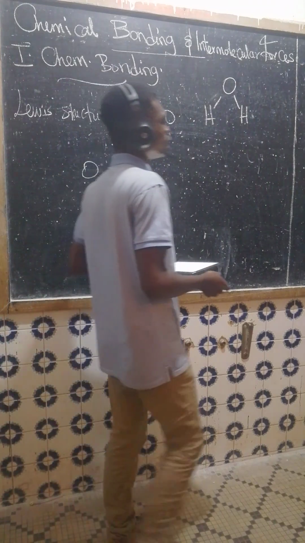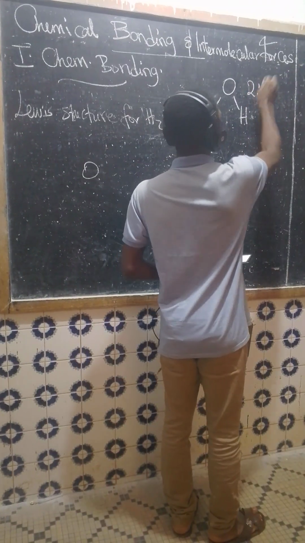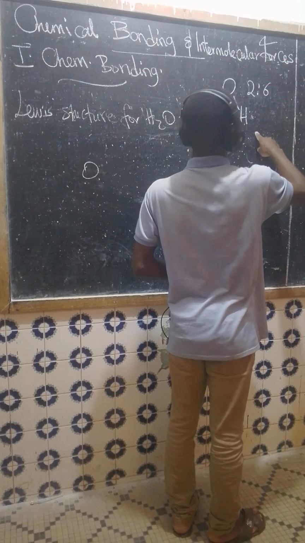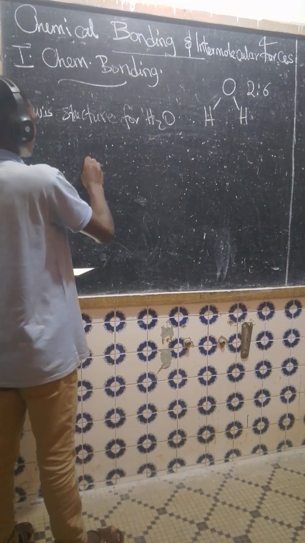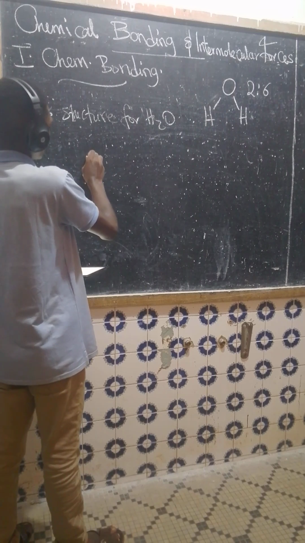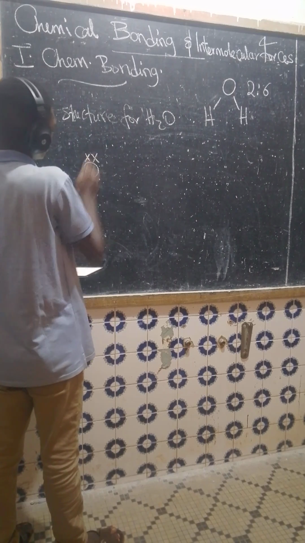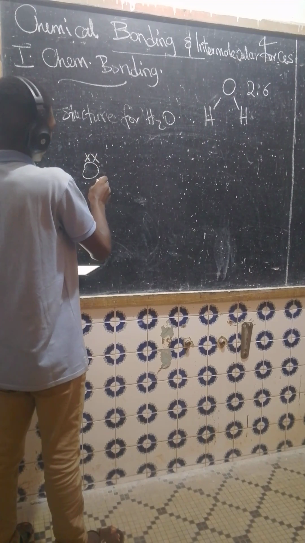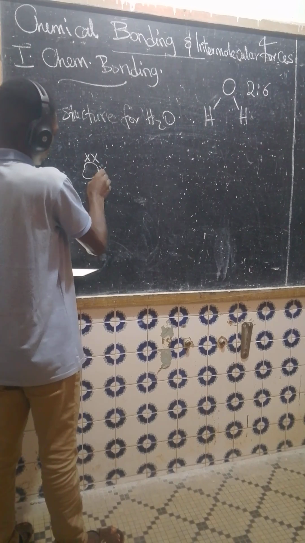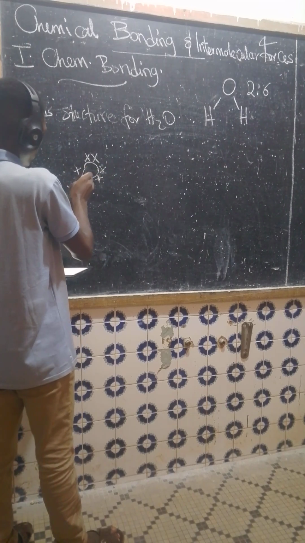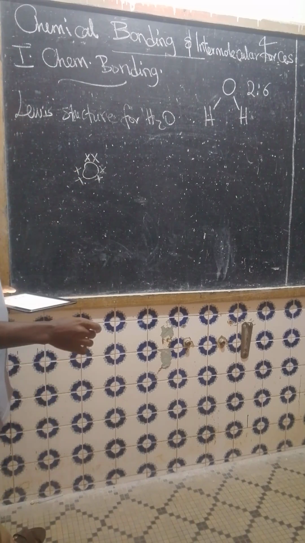What's the electronic configuration? 2, 6, right? So I'm going to represent that 6 outside here. 1, 2, 3, 4, 5, 6. It's okay, right?